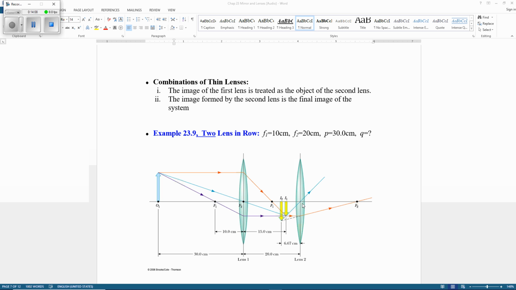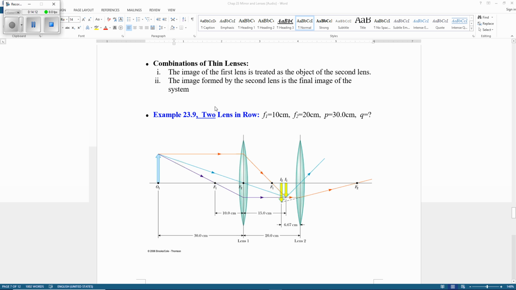So now it seems a little complicated, but it is not too complicated. Okay, here's the rule. The image of the first lens is treated as the object of the second lens. Like this one.